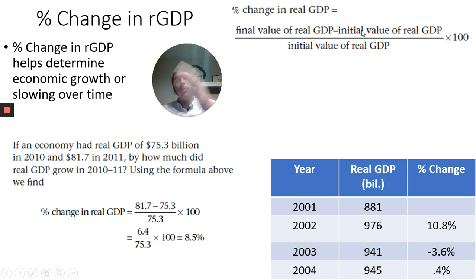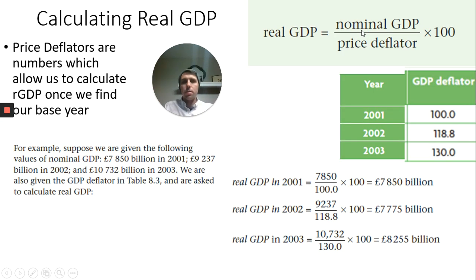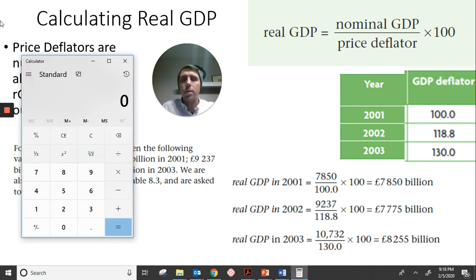So basically, new minus original. So let's take our calculator here. My new one down here is 7775, minus old 7850. It gives me negative 75. And that negative is important because it got smaller.